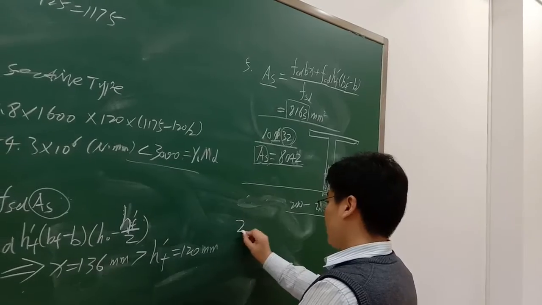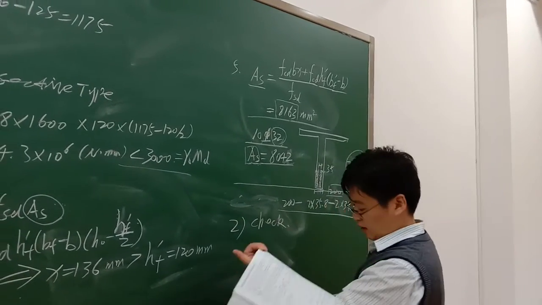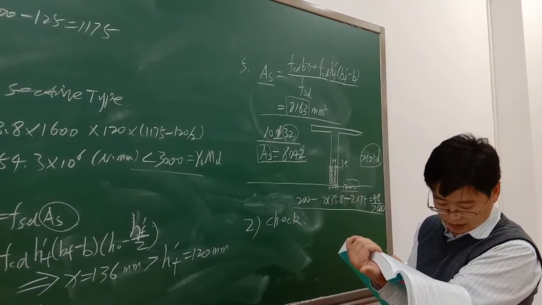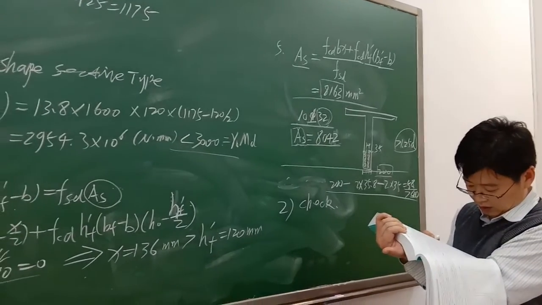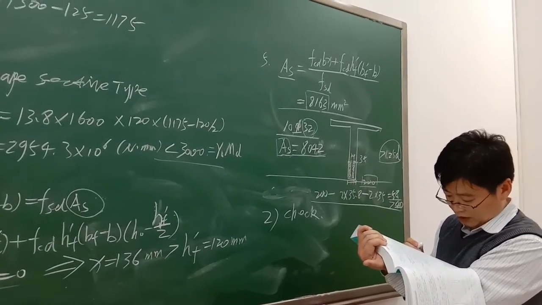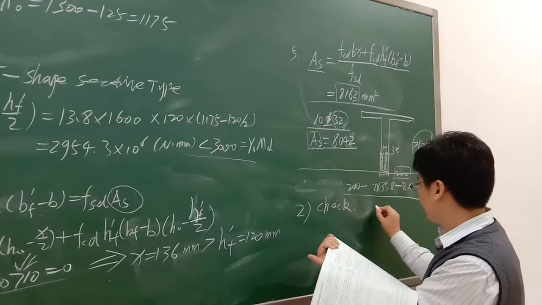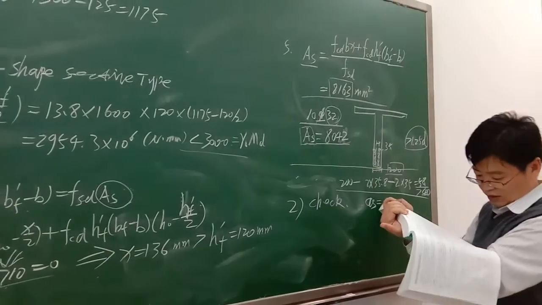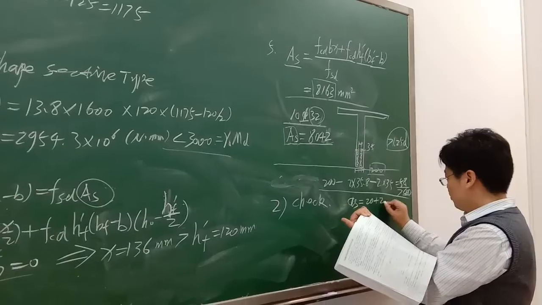The second type is a check. So the check is easy. We see first the parameter AS equal to 20 plus 2.5.